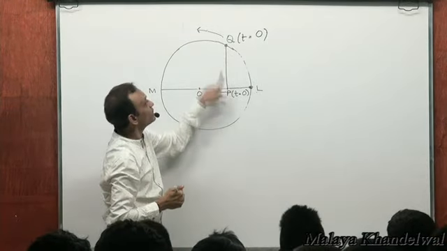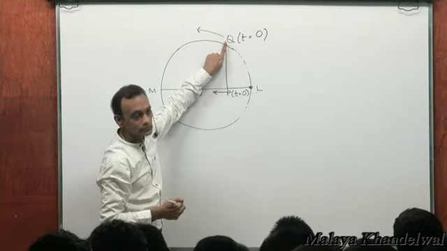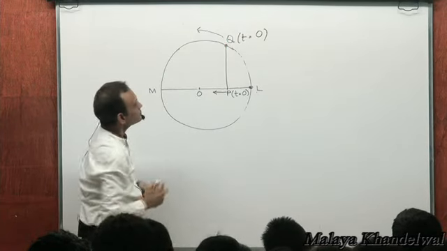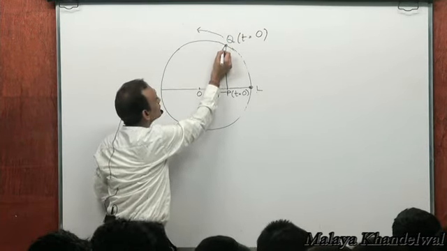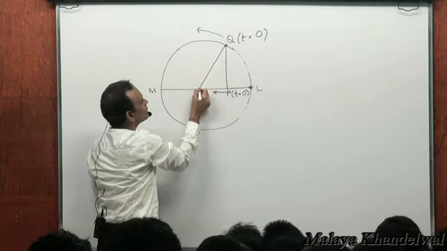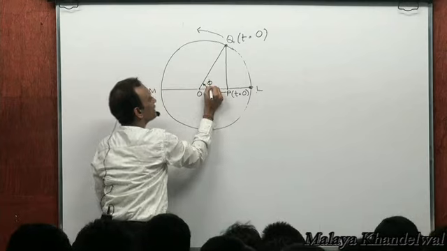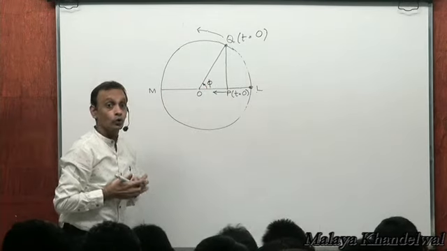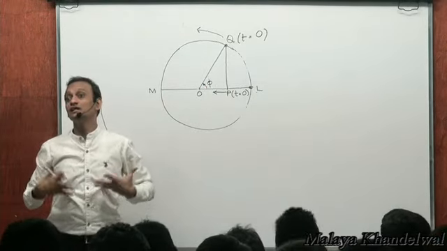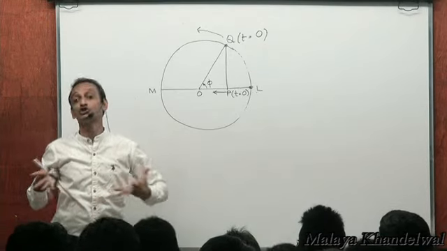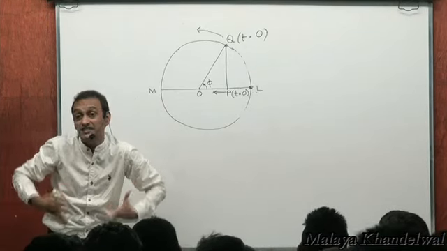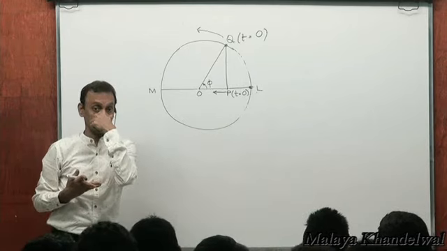The oscillator was here, the auxiliary particle was there, right? And this angle phi could be deemed to be the phase constant for the motion.